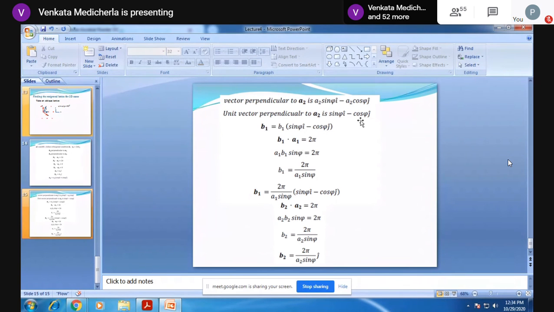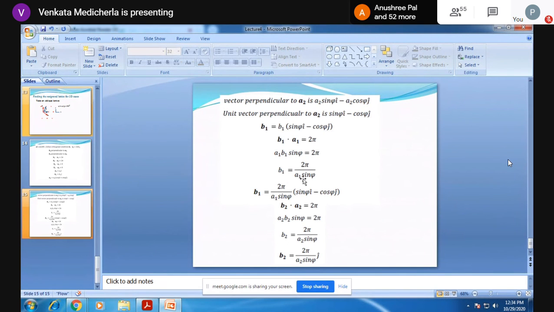And if you want the unit vector perpendicular to A2, that is sin phi i cap minus cos phi j cap. Similarly, B1 is equal to the magnitude of B1 into sin phi i cap minus cos phi j cap, multiplying the magnitude with the unit vector along the direction, because B1 is perpendicular to A2. Then what is B1 dot A1? That is 2 pi. That will give you A1 B1 sin phi is equal to 2 pi. B1 is 2 pi by A1 sin phi.